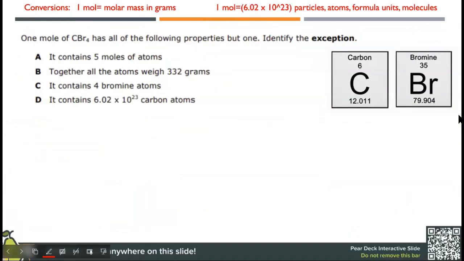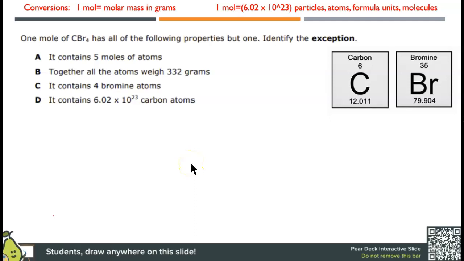All right, next one. 1 mole of CBr4 has all of the following properties but 1. Identify the exception. So we're trying to look for the one that basically is false. So it says it contains 5 moles of atoms. Well, I see that we have 1 carbon and 4 bromines, which means there's 5 atoms in total.